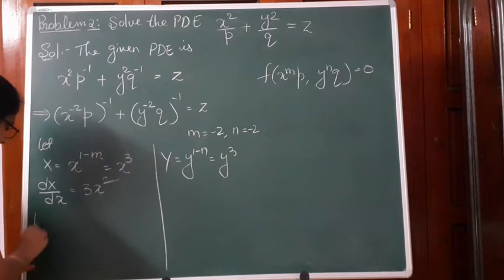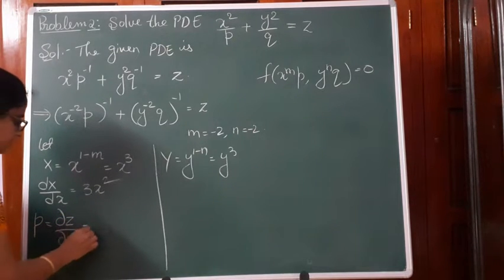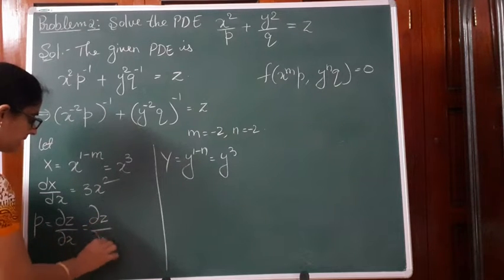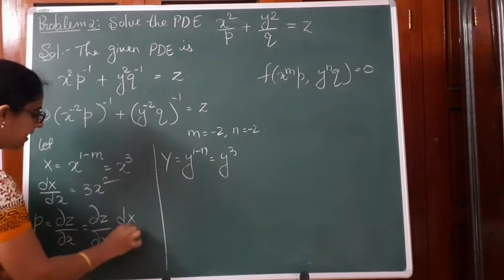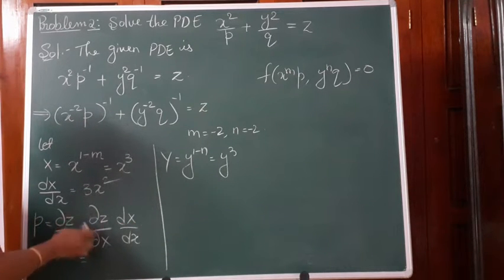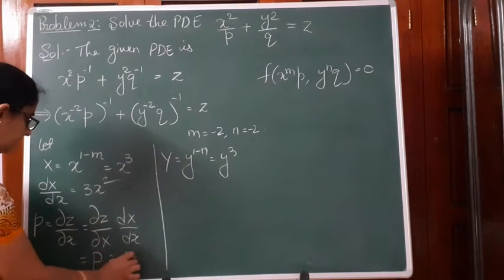Now consider p. p is dou z by dou x, and this dou z by dou x can be written as dou z by dou capital X into dX by dx. That is, we are taking dou z by dou capital X as capital P. We assume it as capital P into dX by dx, which is 3x square.